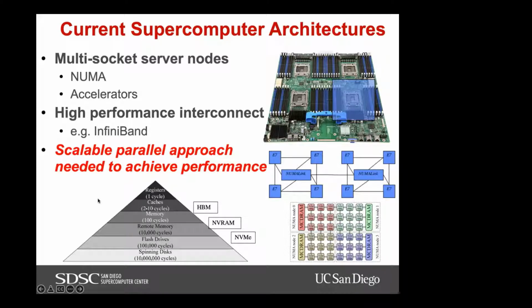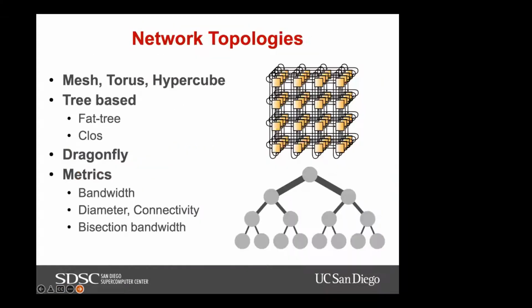So with these large number of core counts and also trying to scale to multi-nodes, you need an approach that's scalable and parallel to unlock the performance that's available in the current day systems. And that also brings into play network topologies, and you'll also see that most systems will have a high-performance network like InfiniBand or a specialized interconnect like the Crays have.